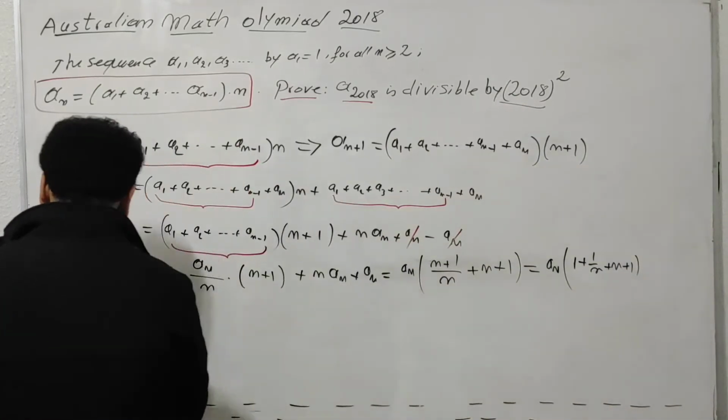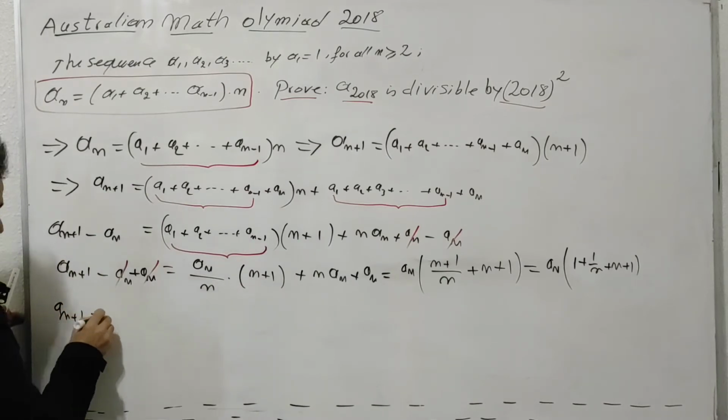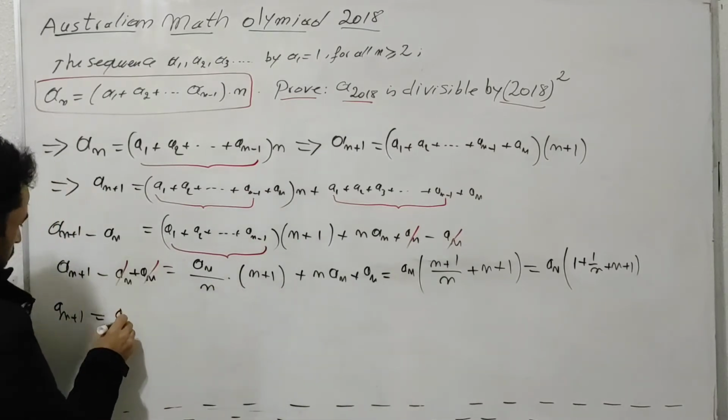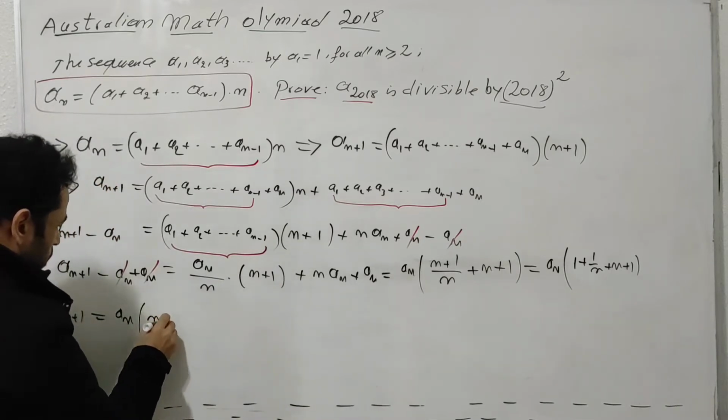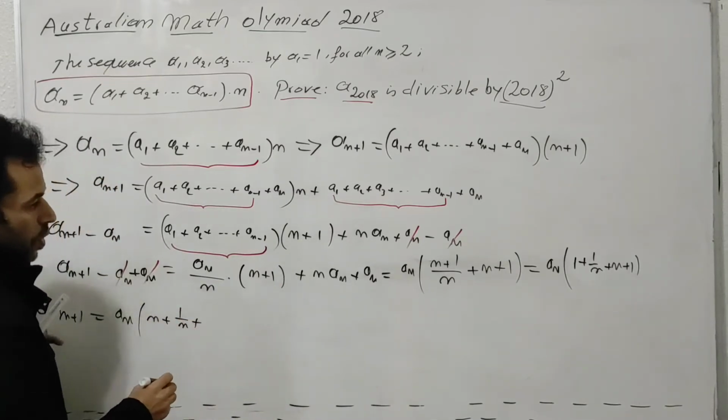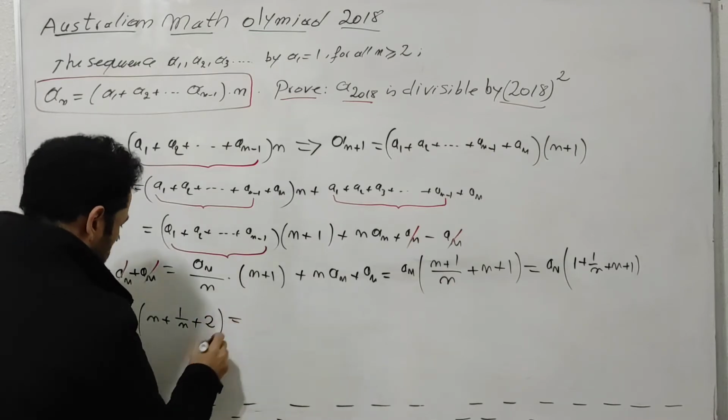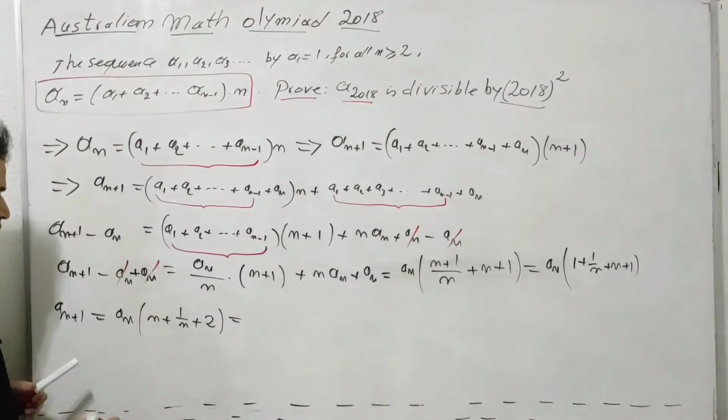So that means a sub n plus 1 equal to a sub n multiplied by n plus 1 over n, and 1 plus 1 equals 2. I'm going to put n as the common denominator.